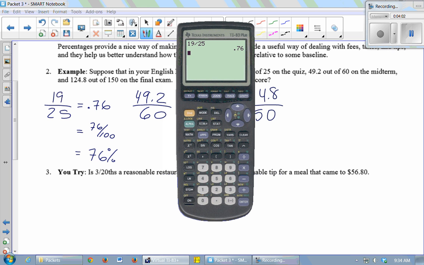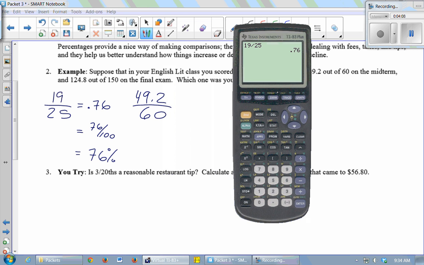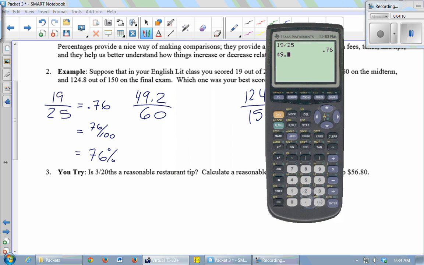So you can quickly go from the decimal to the percent by moving the decimal point 2 to the right. All right, so 49.2 out of 60 is 0.82. And as a percent, 0.82 is 82%.